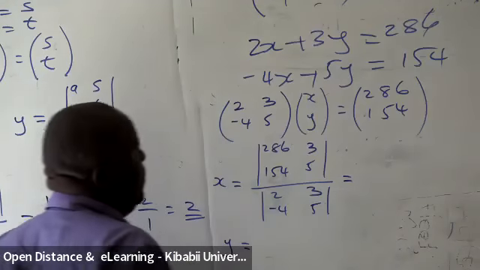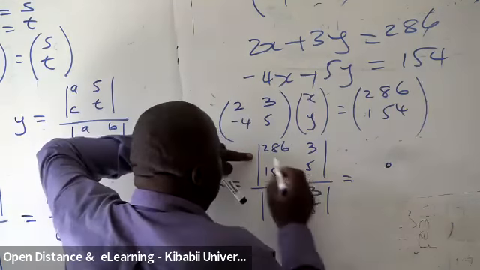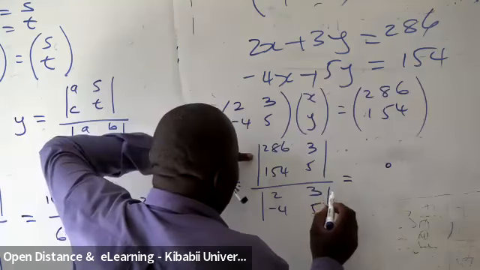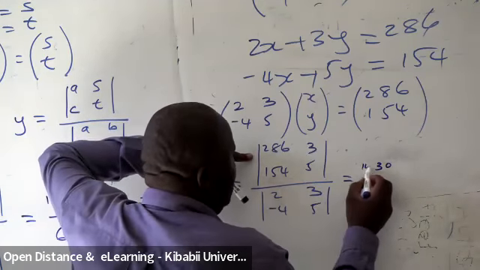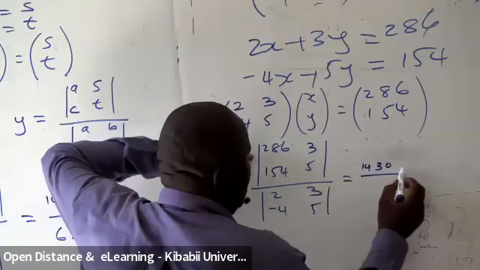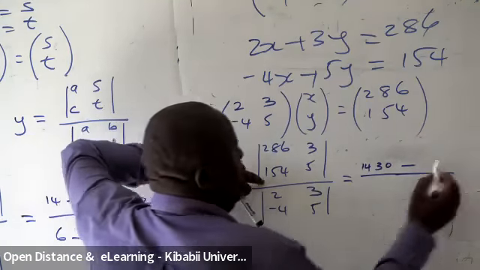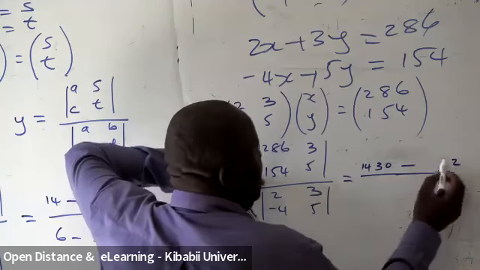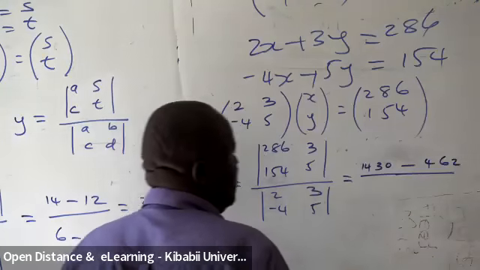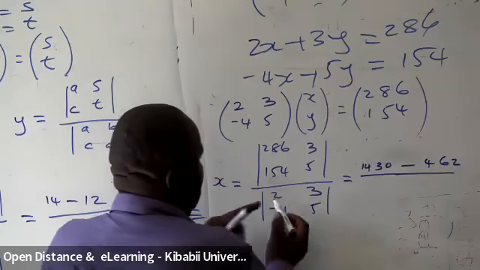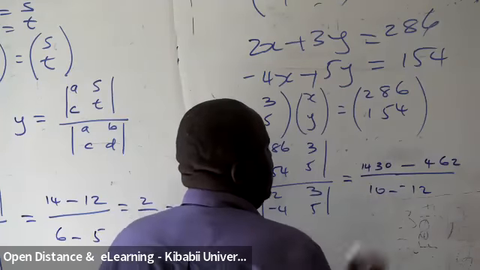And this gives you 286 by 5, that is 30, 40 plus 3, 43, 10 plus 4, 14, minus 3 by 154, that's 12, 15, 16, 3, 4, divided by this 10 minus 12.